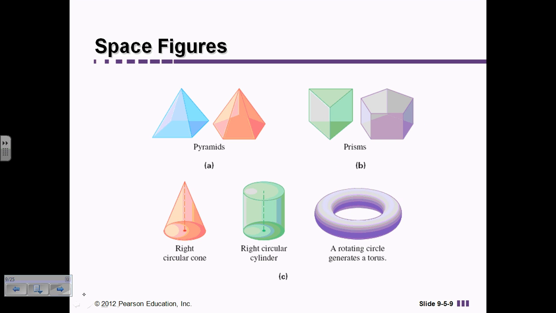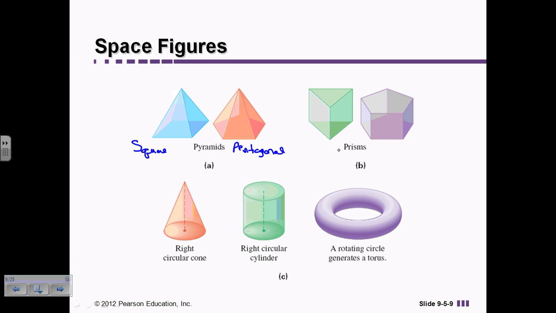On this slide, we have some examples of pyramids, and you'll notice the first pyramid is a square pyramid because the base of the pyramid is square. The second one is a pentagonal pyramid because the base is a pentagon.